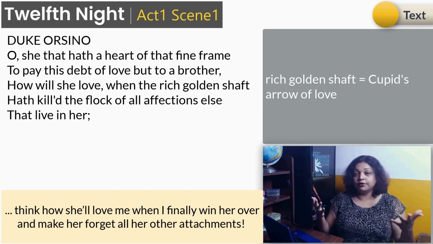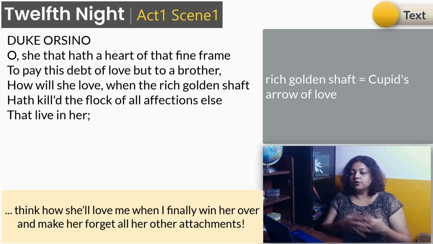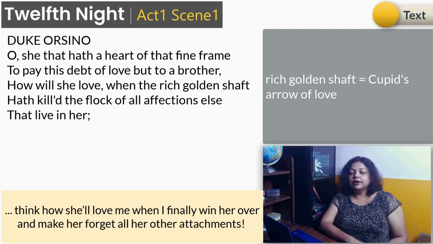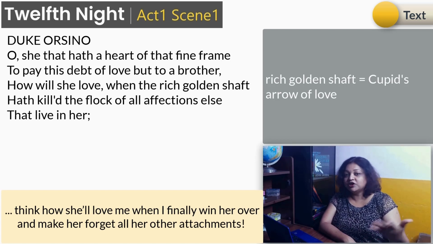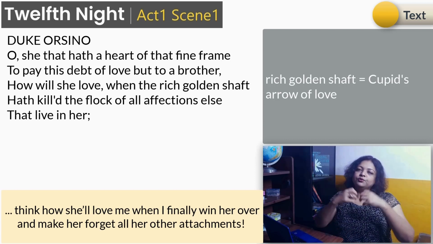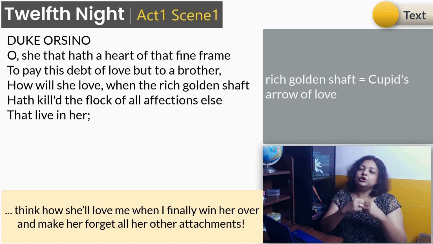You only think about your boyfriend or girlfriend. That is what Orsino wants to believe. He says that this woman loves her brother so much. How much she would love me when she would be affected by Cupid's arrow, the rich golden shaft. Shaft means arrow. Then she would not love anybody else and all her affection would be channelized towards me.